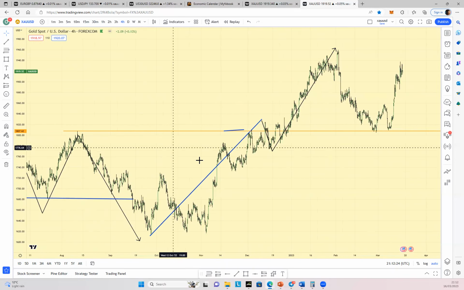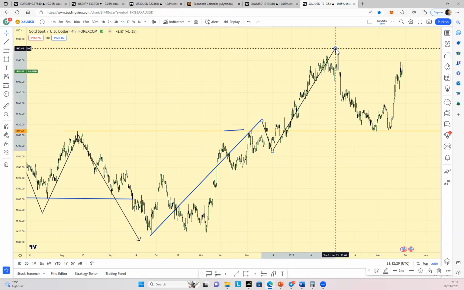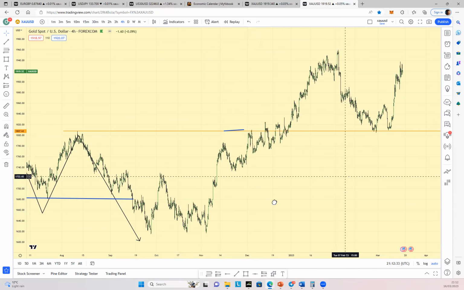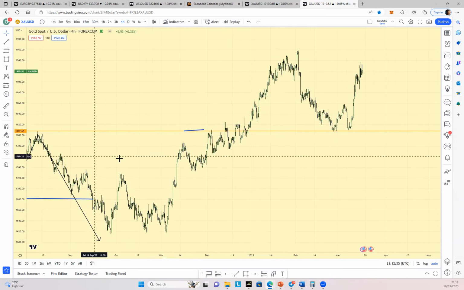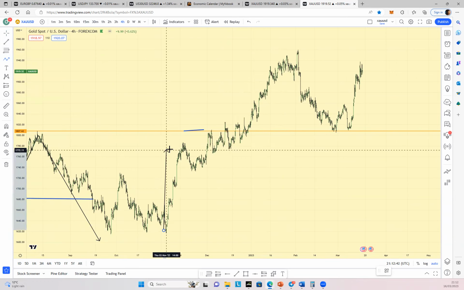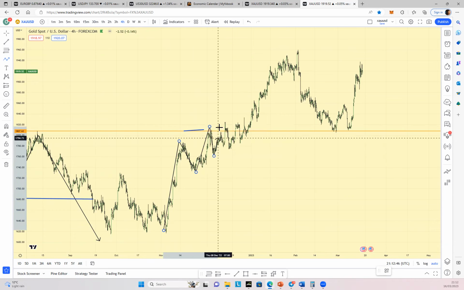So look at the 4 hour time frame. What does it tell you about what price is doing at this current time? Price is telling us that it is going up. It's doing higher high, higher low, higher high, higher low.